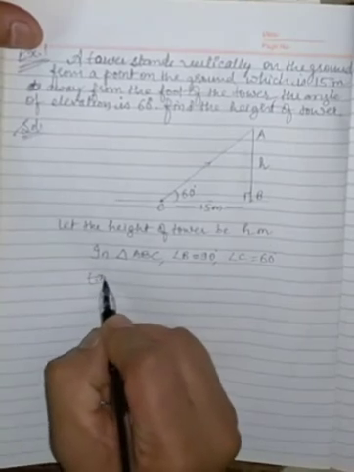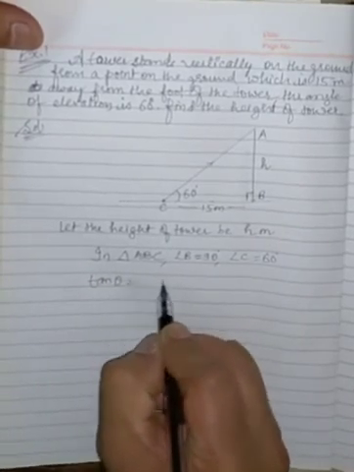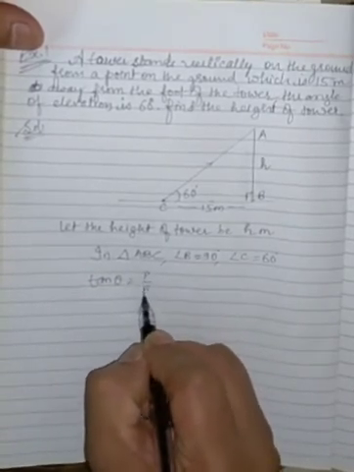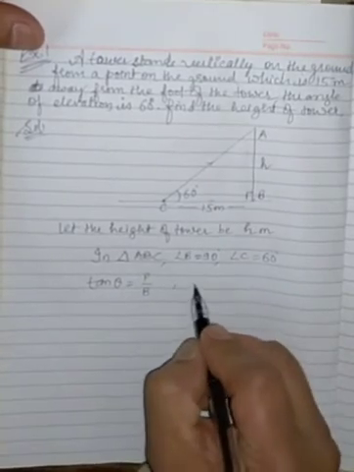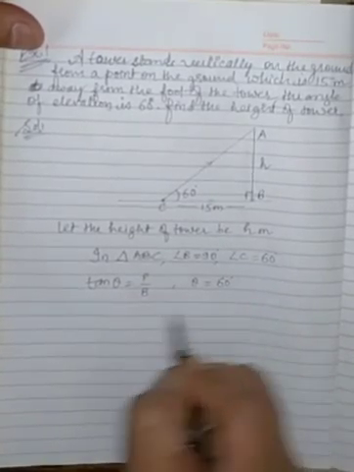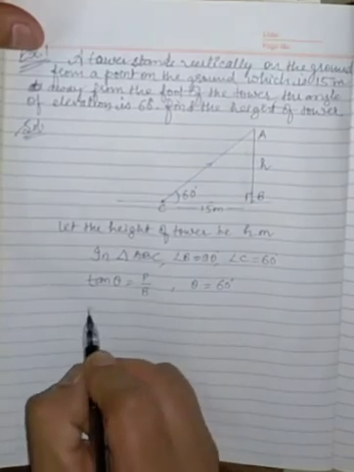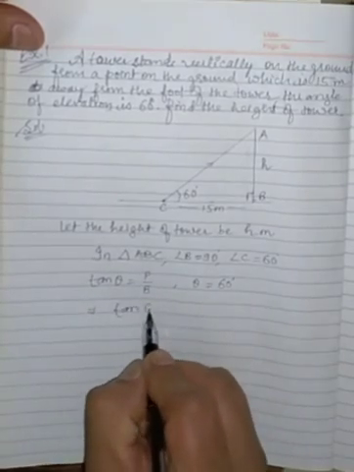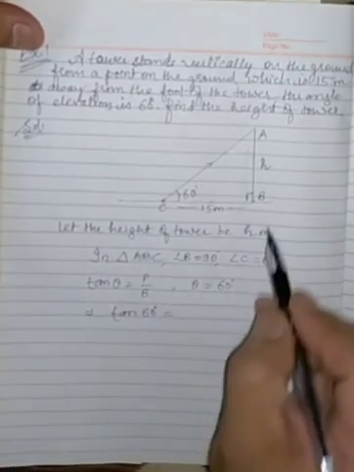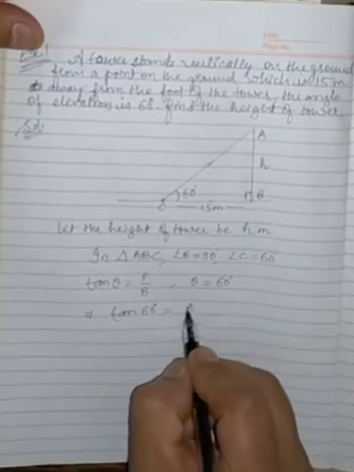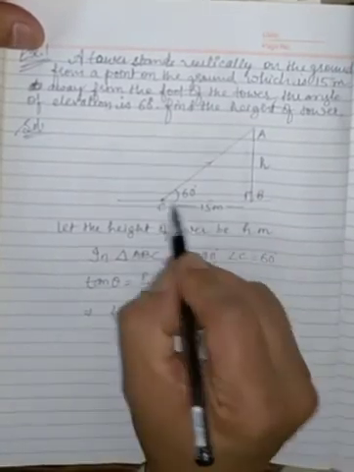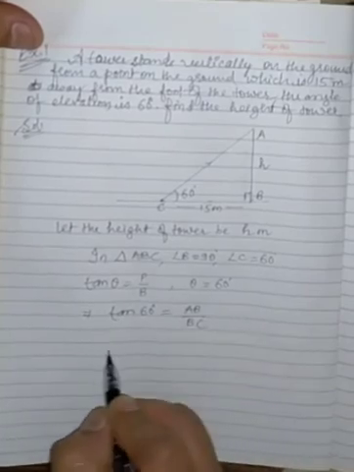We will use tan theta, which is equal to perpendicular upon base. Here our theta is equal to 60 degree. That means tan 60 degree will be equal to perpendicular, which is AB, upon base, which is BC.